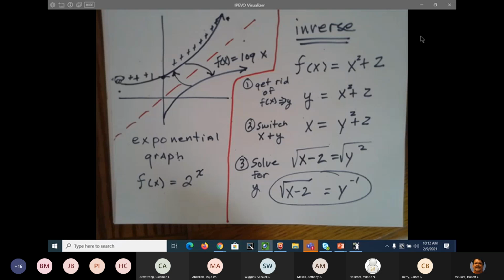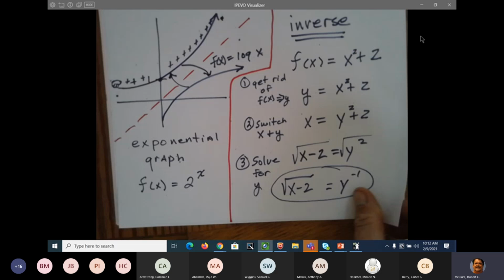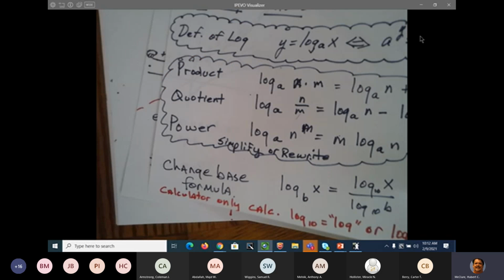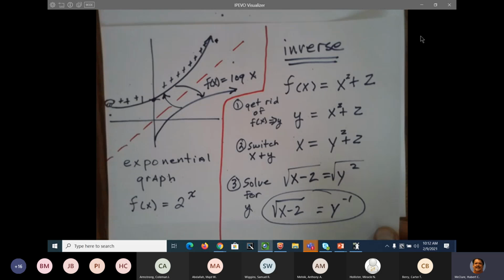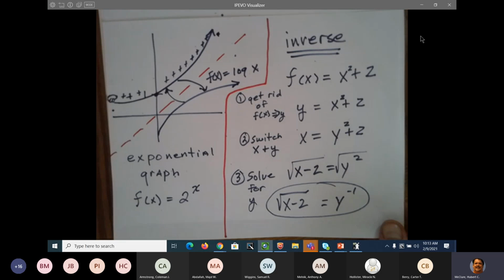Okay? All right. So now that I've brought you up to snuff on what you need to remember, you should remember the definition of a logarithm, rewriting, change of base. You should remember exponential laws, and you should remember what an inverse is as far as graphic representation and algebraic. Also remember one other thing about an inverse. F of x is equal to x, y.